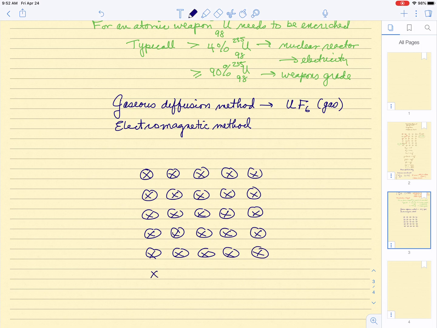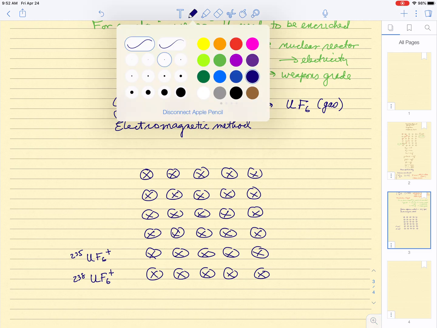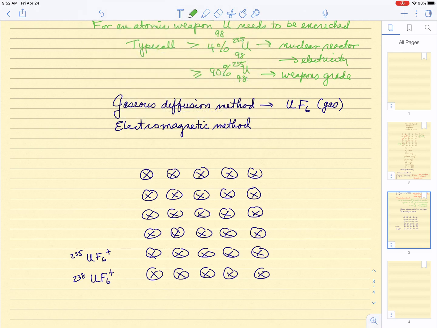And so what would happen here is you would have uranium-235 hexafluoride and uranium-238 hexafluoride, and you might form the monocation, so ways of stripping off an electron, and then one would shoot those into a magnetic field.